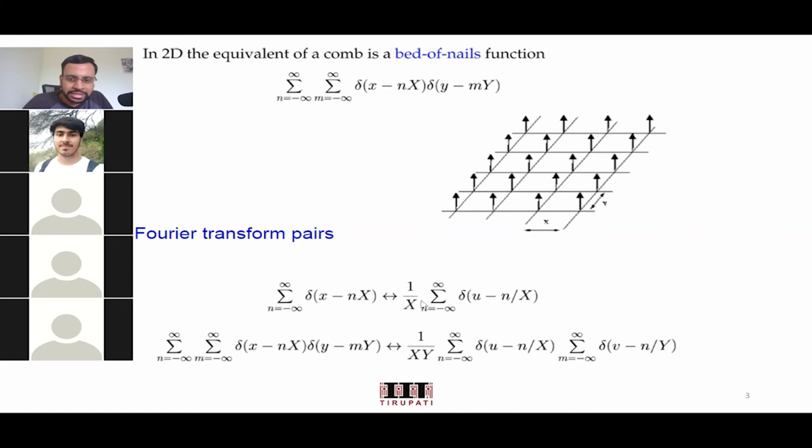Now they are placed at a distance of integer multiples of 1 by x. Not only that, if they are placed at a distance of x, you have a multiplication factor of 1 by x. Now the same thing would repeat for the bed of nails. Now x and y, they are placed with multiplication of 1 by xy, and this is what you would be getting there as a Fourier transform pair.